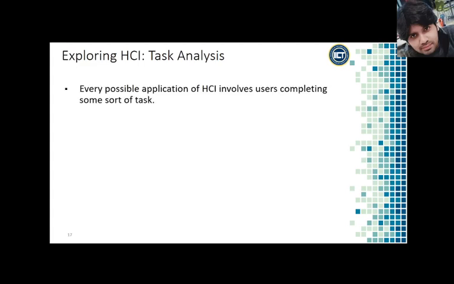Now, every possible application of HCI involves a user completing some sort of task, and that task might be something within a domain. In educational technology, for example, that task might be learning how to do a certain kind of problem. If your area is more technological, the task might be something the user is doing through your application, like using virtual reality and gesture recognition to sculpt a virtual statue.